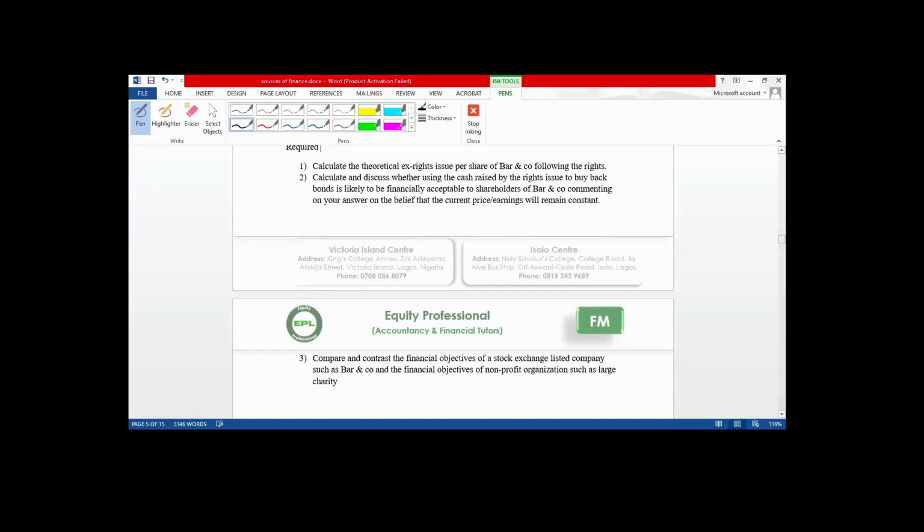Now, to appreciate this question, this company is planning to do a rights issue. That means the company is planning to issue more equity shares to existing shareholders. That means equity value will increase.